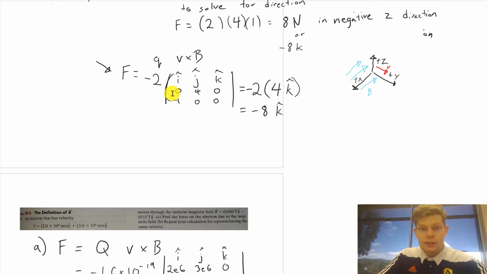The other way we can do it is we can just totally do F equals Q V cross B, which actually works really well because we don't need any right-hand rules. We don't have to draw this out. I mean, this works not bad if it's all drawn out, but if it's not, this is a great way to do it. Given that the k component is 0, 0 here for both vectors, basically there's going to be no i component.